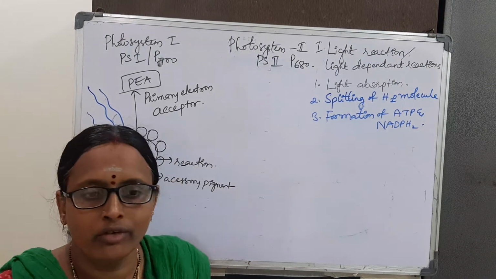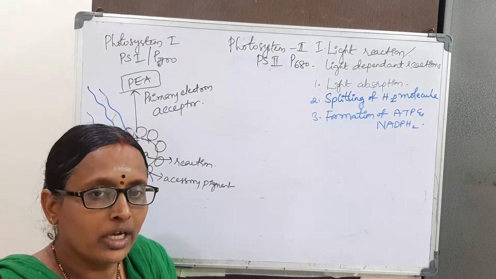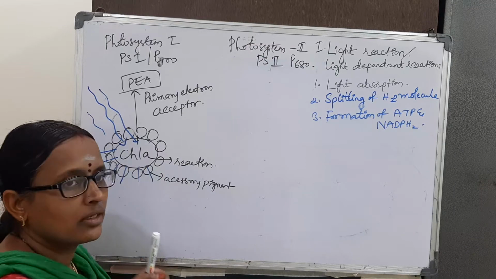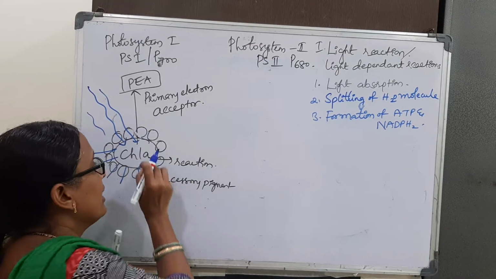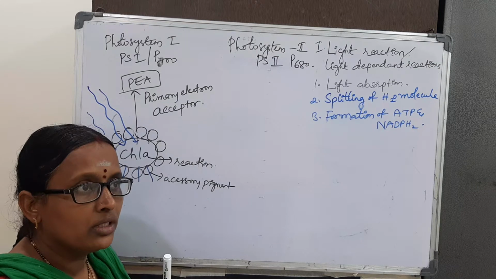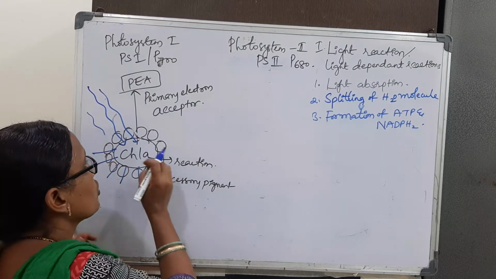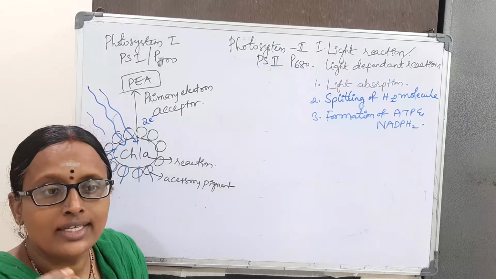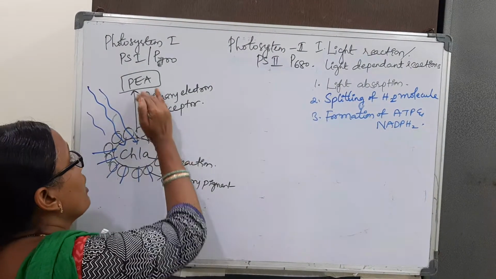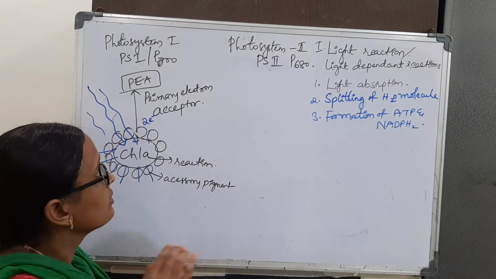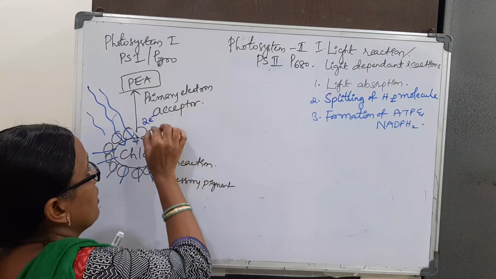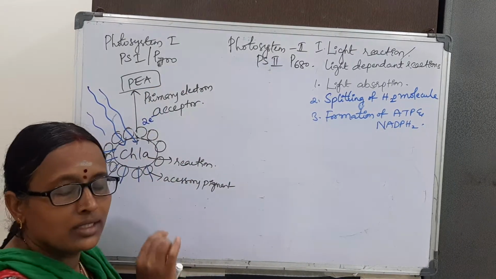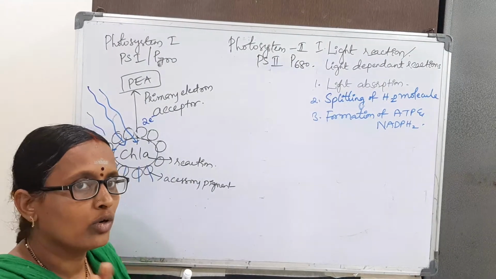Independently they absorb different wavelengths and pass them to the reaction center, the chlorophyll A molecule, and by taking the high energy, it releases a pair of electrons. They are accepted by a complex known as the primary electron acceptor.